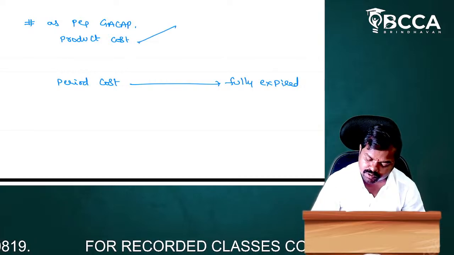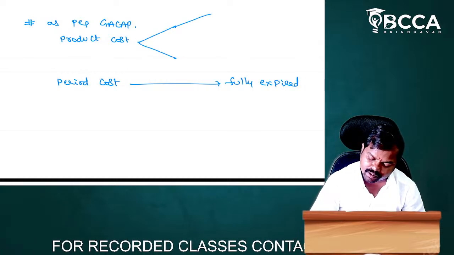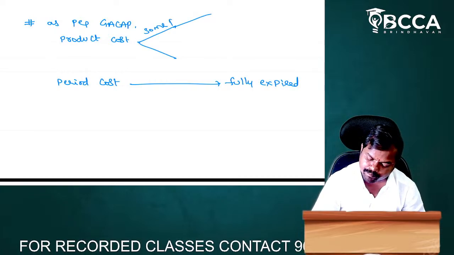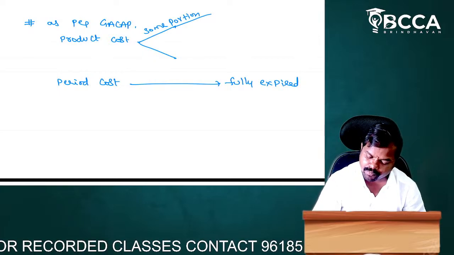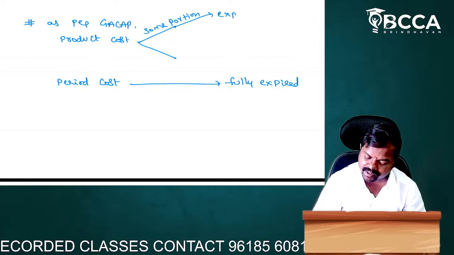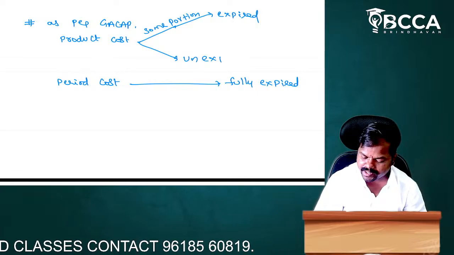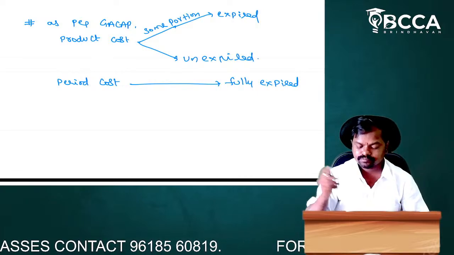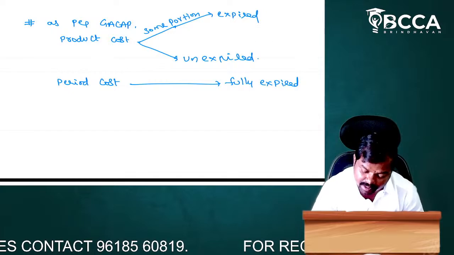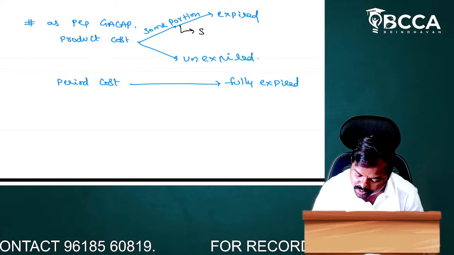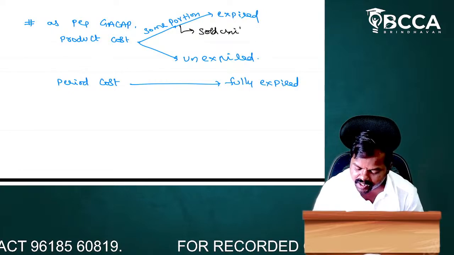Product cost: some portion expired, some portion unexpired. How much portion expired? Based on sold units.